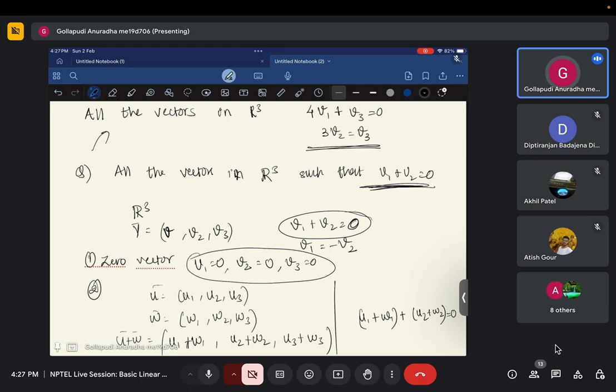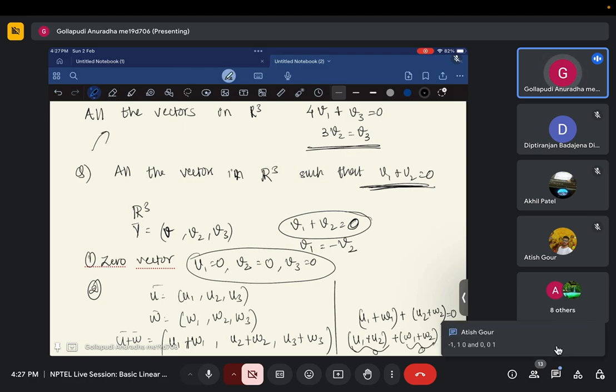So even this condition should be satisfied. Even this is 0 and this is 0, so this condition is satisfied.